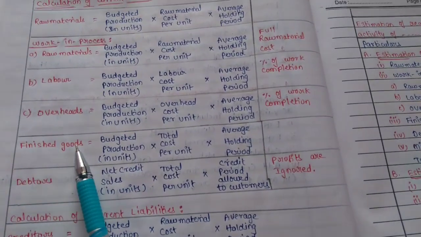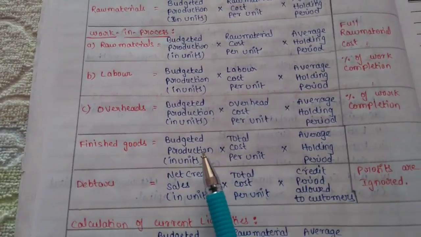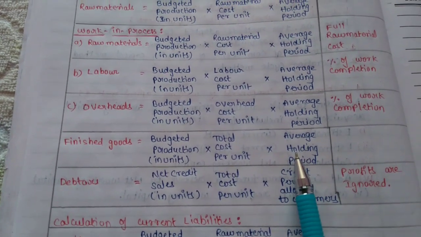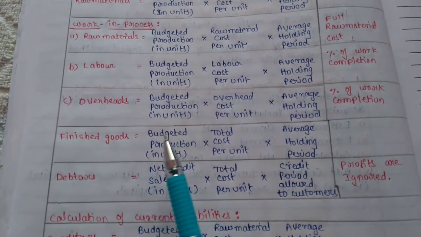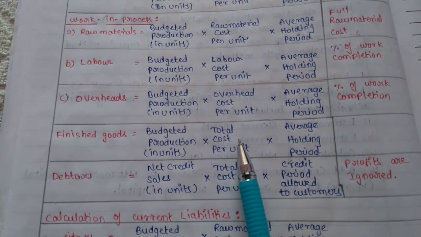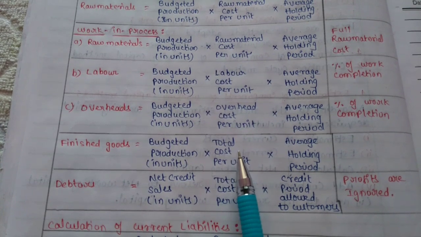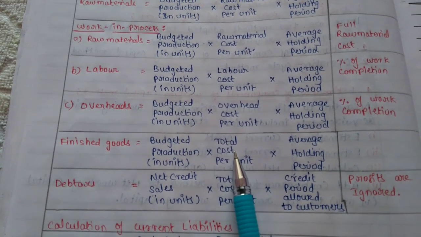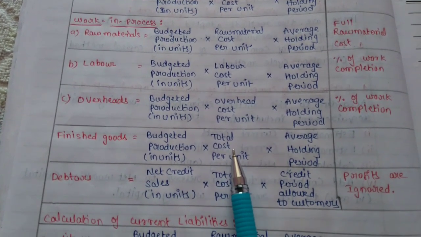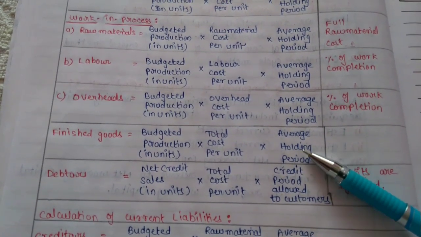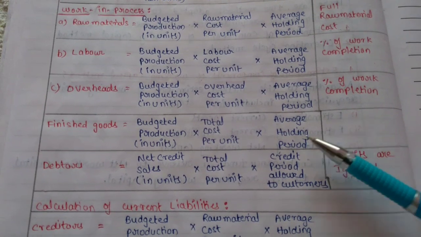Next, coming to finished goods: budgeted production in units into total cost per unit into average holding period. Finished product means the total cost will be taken, which includes raw material cost, labor cost and overhead cost, and the average holding period of finished products in stock.